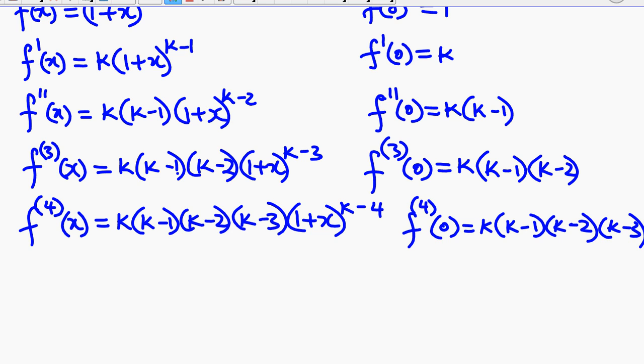Because of space, we can't continue going on, but we can clearly see the connection here.